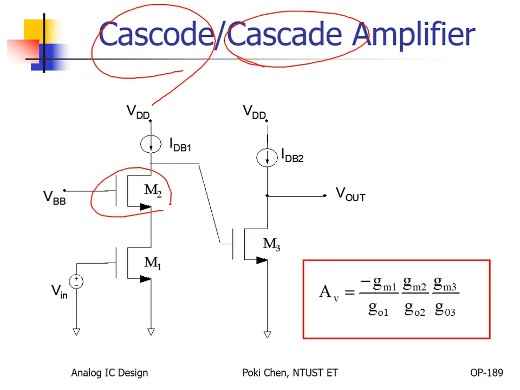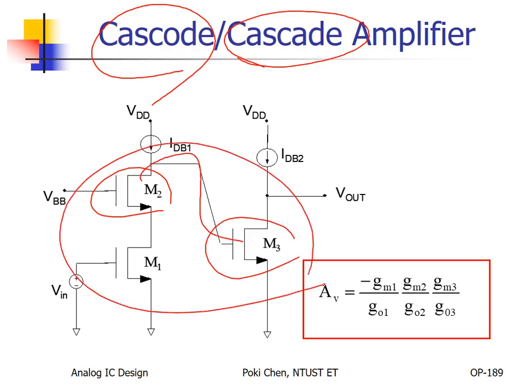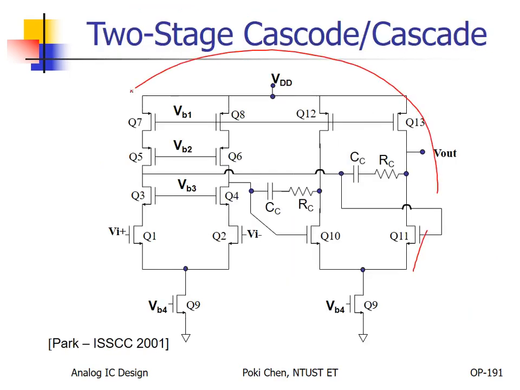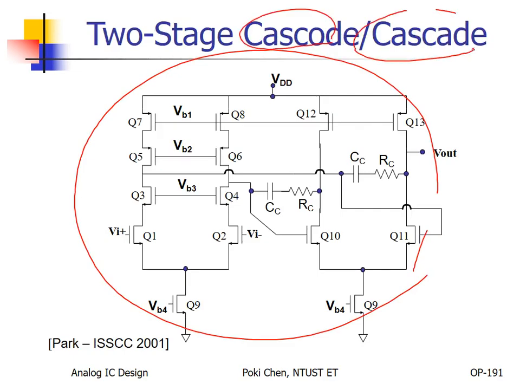Cascode here. I told you already the difference. The output is connected to the input of the second stage, and this is only the quarter circuit, right? A counterpart circuit, half circuit. Finally, you get this two-stage cascode and cascade amplifier.